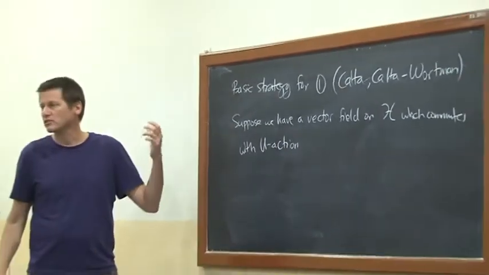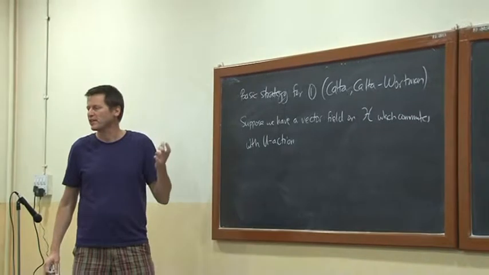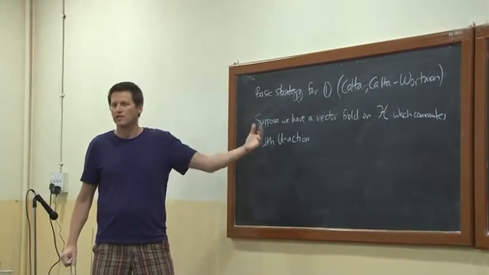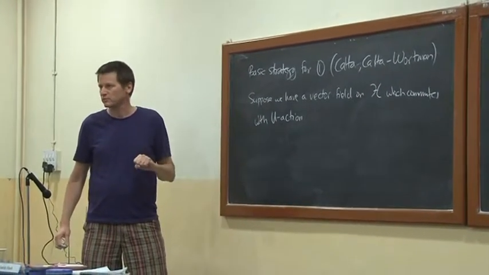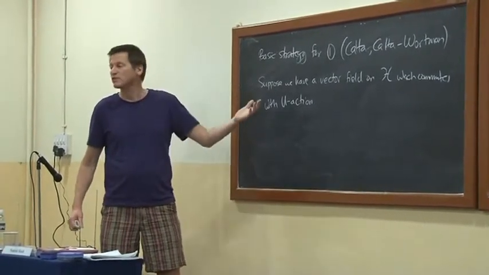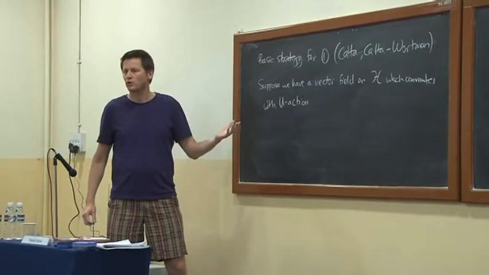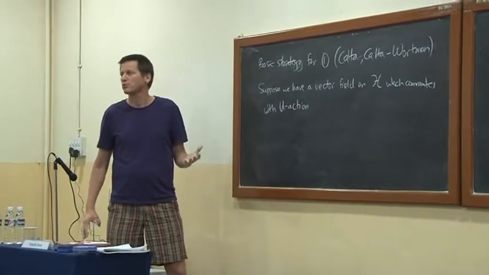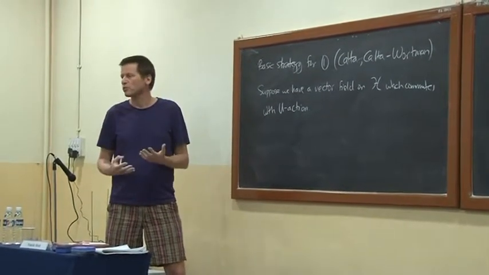What I mean by that is that the Lie bracket of the infinitesimal generator of the U action and this vector field commute. Or another way of thinking about it, if there was a way to integrate this vector field to form a one-parameter group action, then these two actions would commute.